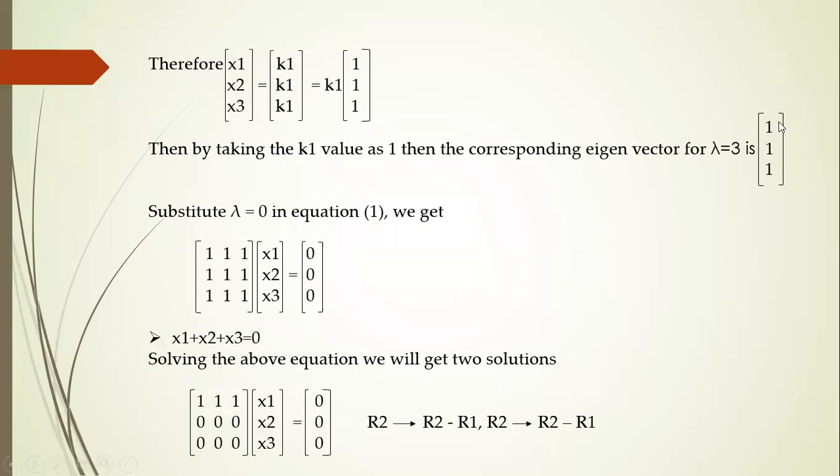Here we got one of the eigenvectors. Let us find another eigenvector by substituting lambda equals 0 in the equation. We get the matrix of all ones times [x1, x2, x3] equals [0, 0, 0].